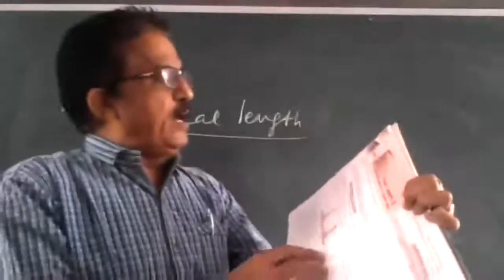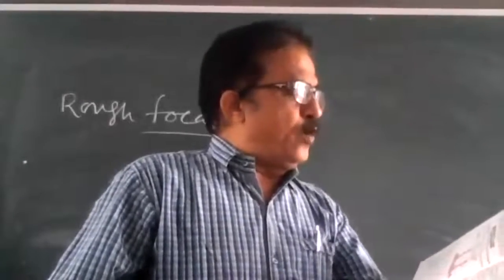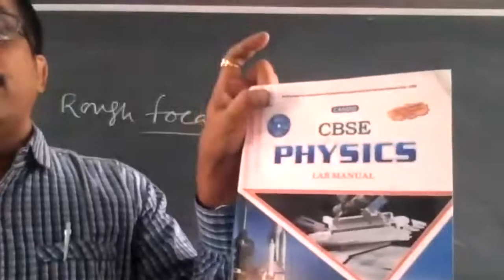In your lab manual, ये प्रैक्टिकल आपको लैब मैनुअल में उतारना है बच्चों, ध्यान रखें. I am to determine the focal length of a convex lens by obtaining the image of a distant object. Here is your lab manual. तो ये प्रैक्टिकल भी आप उतार लीजिएगा.